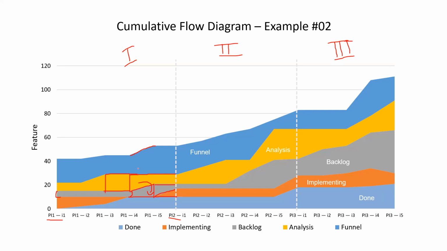Exactly, no movement from funnel to analysis. Even though the number of issues are getting added and the funnel increased from here to here, no items are moving from funnel to analysis. And there is also a constant pace in backlog from I1 to I4. Yes, it's constant in this phase.